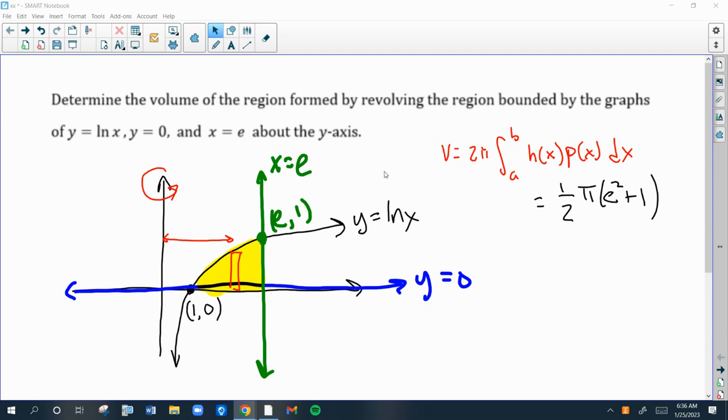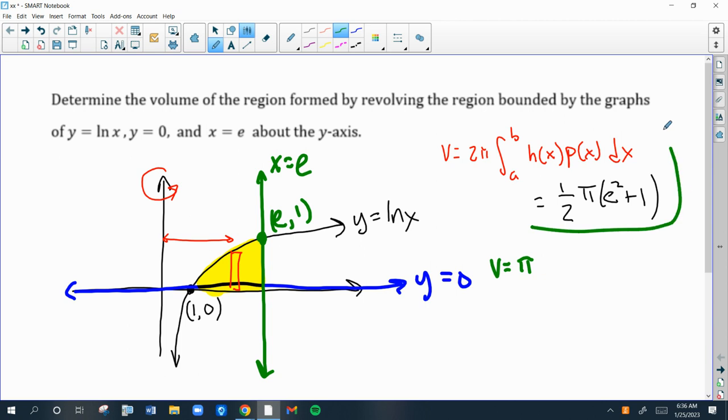So the situation is the same. We're going to take this region and revolve it around the y-axis. But this time we're going to use the disk or washer method, and that formula is volume equals, and up here is what we got on the shell method.